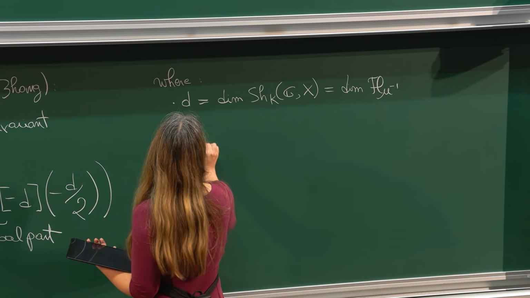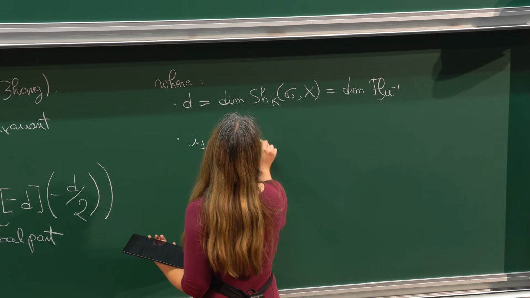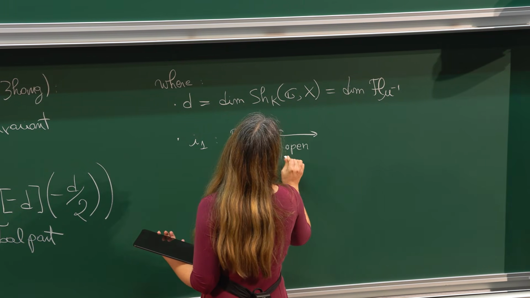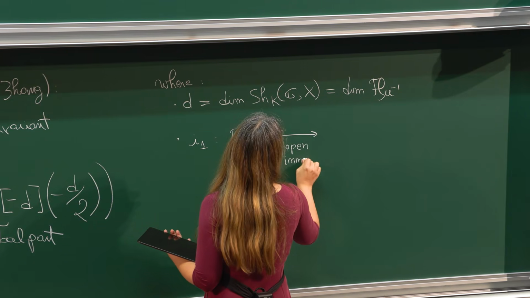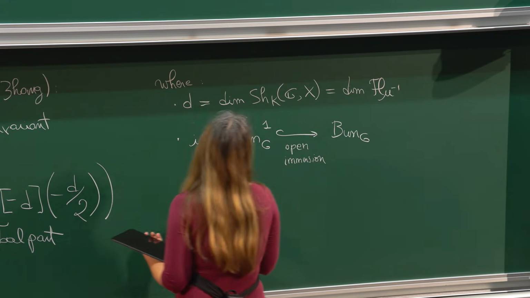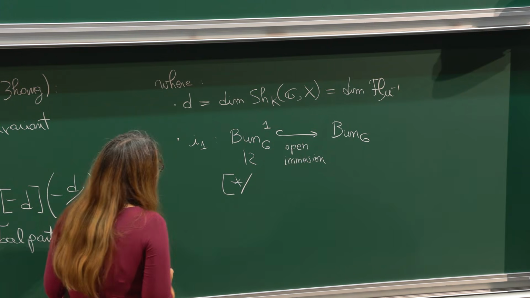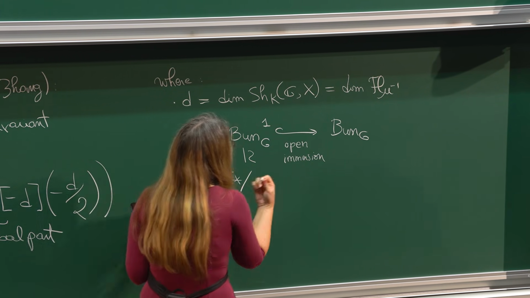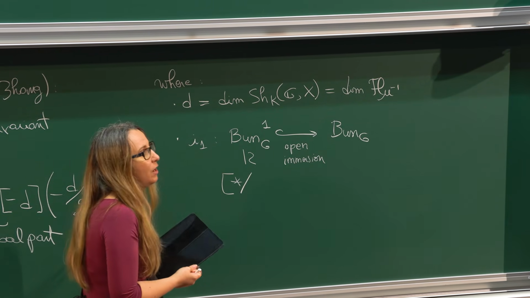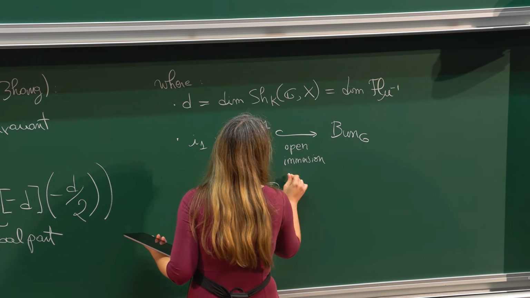Let's see, i_1 has also shown up in talks this morning. So this is the open immersion of the neutral point of Bun_G into Bun_G. And remember that Fargues-Scholze showed that this can be identified, well, with a classifying stack in general of some group G_b tilde, but when b is just the identity, when b is just 1, the group G_b tilde is just G(Q_p).